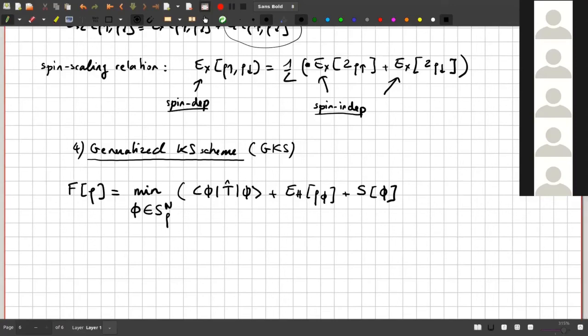Okay. And then I will have a complementary functional that I will call S bar of rho, so that I obtain really the correct F of rho. Okay, so this S of phi can be any functional of the Slater determinant phi leading to a minimum in this expression.